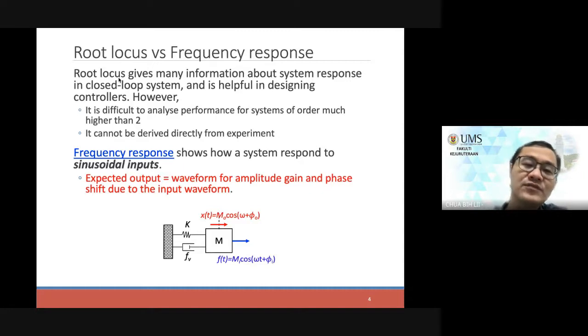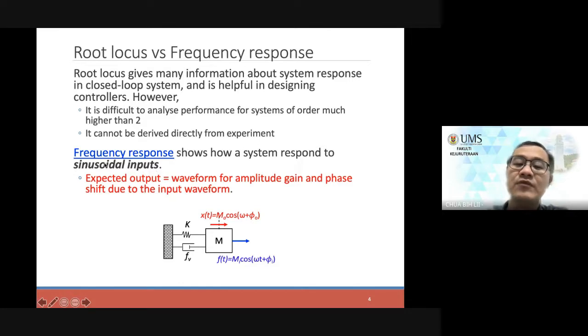Therefore, frequency response is a much more ideal method to evaluate how a system responds to repeating, sinusoidal inputs, which are commonly used in experiments as well as real cases.